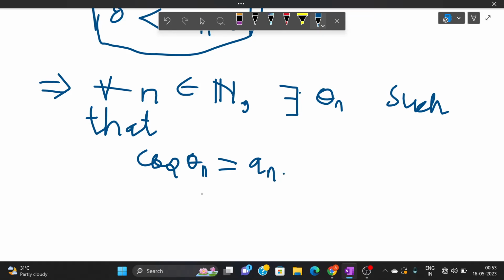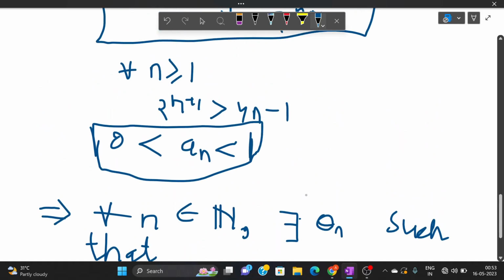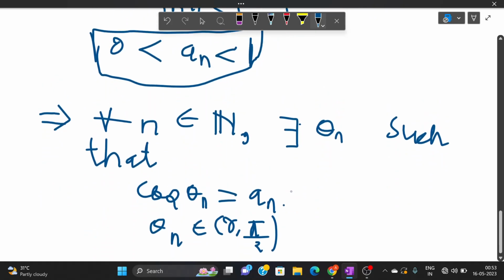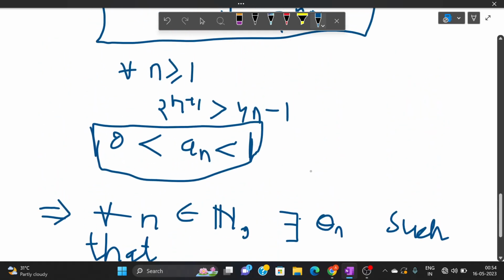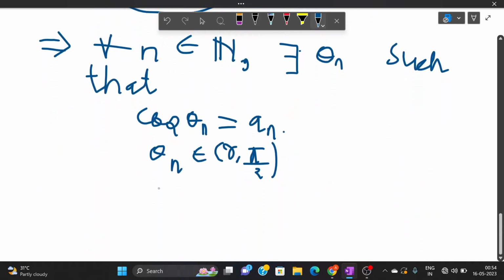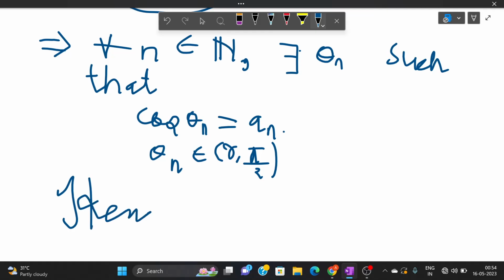Since a n is positive and less than 1, theta n belongs to 0 comma pi by 2. So there will always exist a theta such that cos theta is a n, and theta n belongs to 0 comma pi by 2. So we can say, hence proved.